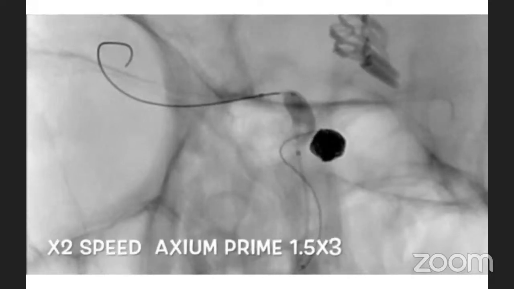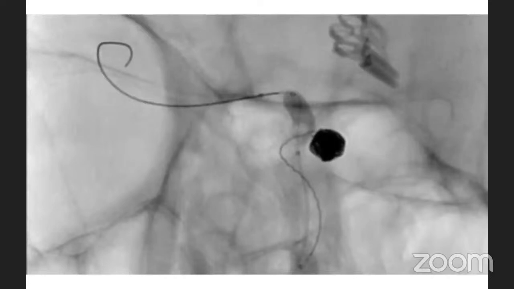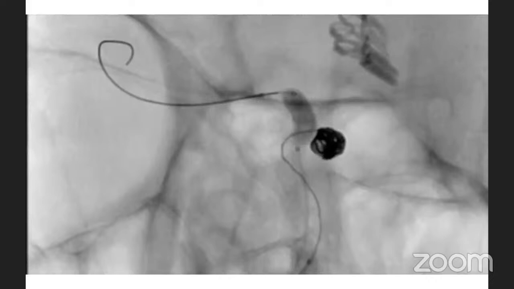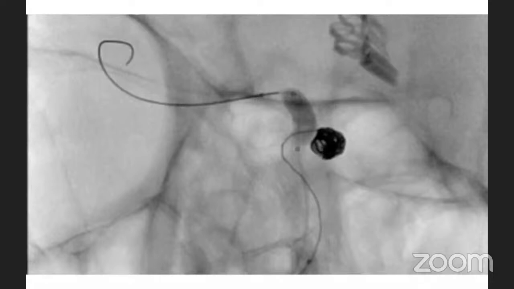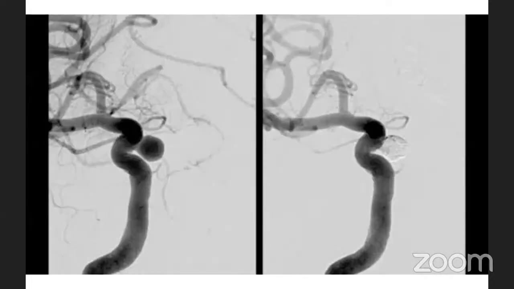Balloon assist can also contribute to microcatheter stability. Complete obliteration was achieved.